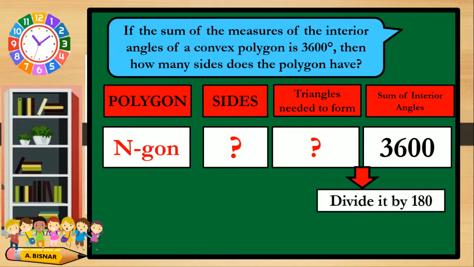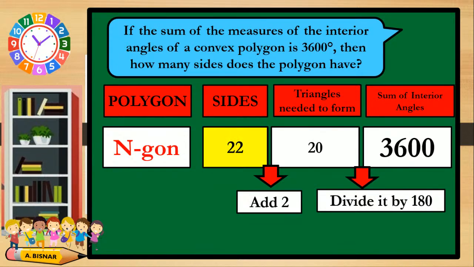So, 3,600 divided by 180, the answer is 20. After that, you will add 2, which means that it has 22 sides. So, it is a 22 gon. So, the answer is 22 gon.